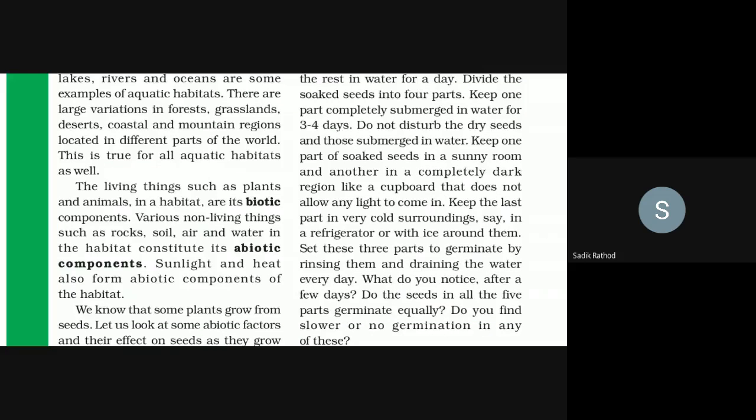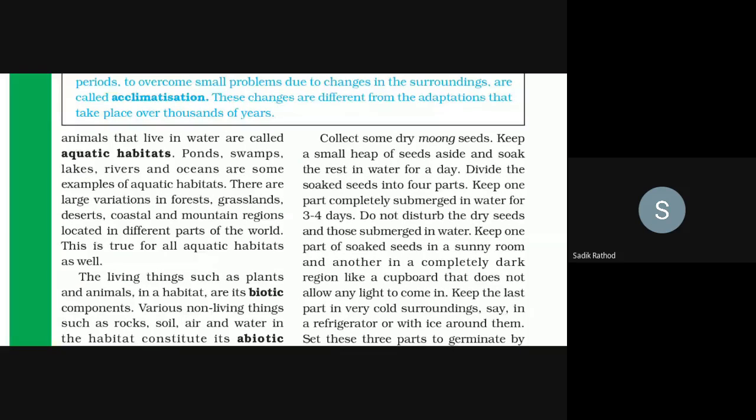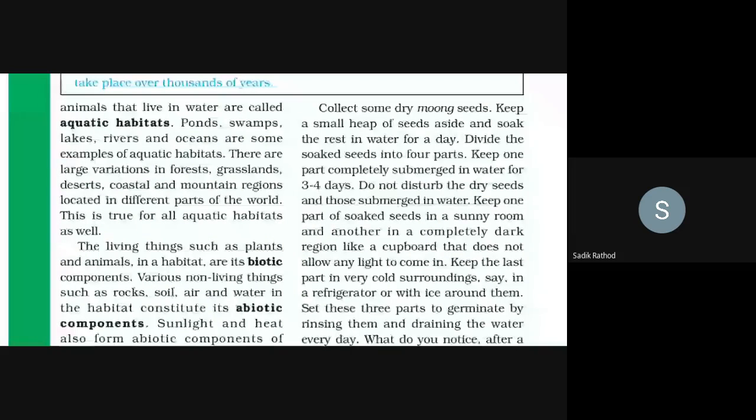As I told you, those animals and plants that live in water are called aquatic habitat. The ponds, swamps, and lakes are some examples. There are many variations in forest. Variation means changes. In forest, grassland, desert, coastal, and mountain regions.